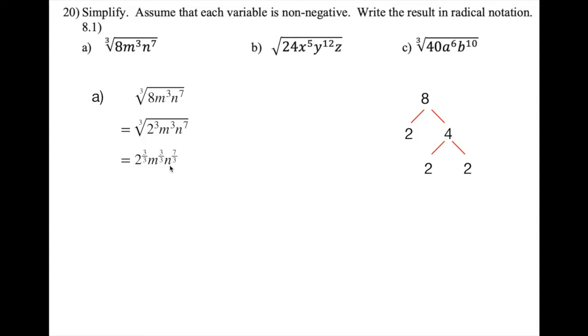Then we want to look at those 3 parts. So for 2 raised to the power of 3 over 3, because 3 over 3 is just a 1, so 2 raised to the power of 1, so that's just a 2. For the second part, it's the same, so m raised to the power of 1.